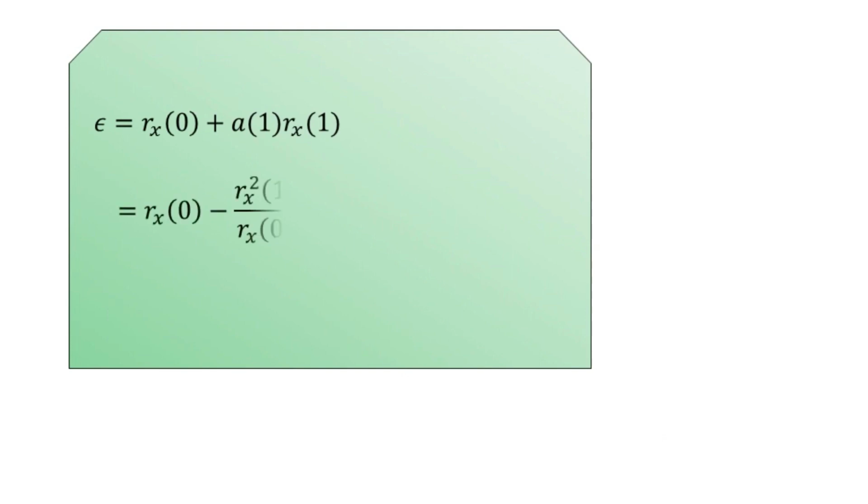So this can also be of the form Rx of 0 minus the square of Rx of 1 divided by Rx of 0. Upon substituting the values from the coefficients of the autocorrelation sequence that we have obtained earlier, the value comes out for epsilon to be 2.1333.